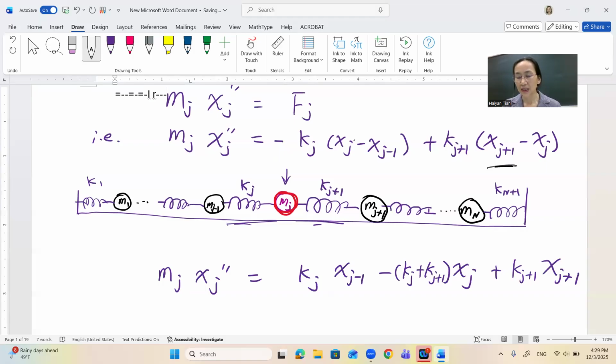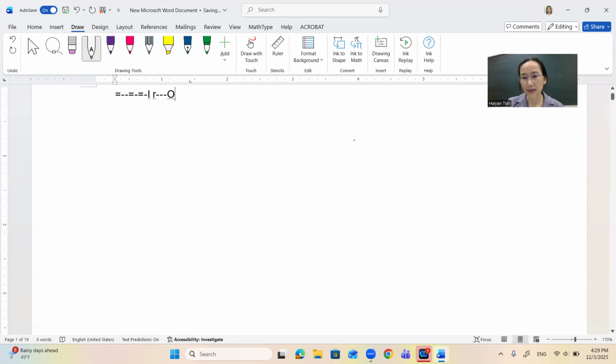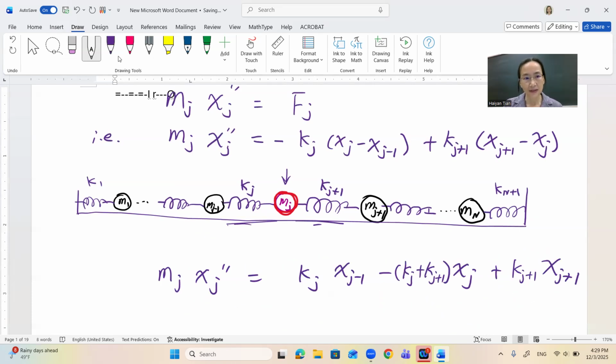And for the displacement of the next body, xj plus 1, the coefficient is kj plus 1. That's how we organize the rewritten system.